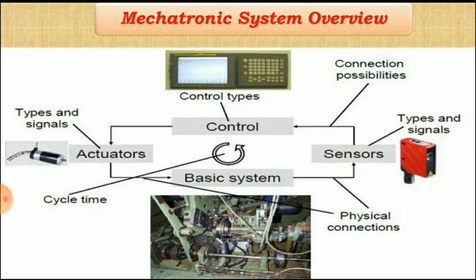Now, mechatronic system overview. You can see the different interfacing elements. You can see the basic system, then the sensors that sense and send the signal to the control system, and the control system again sends a signal in the required form to the actuator, and that actuator actuates the system.